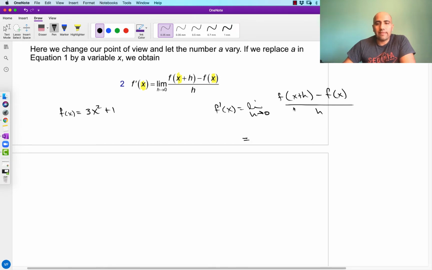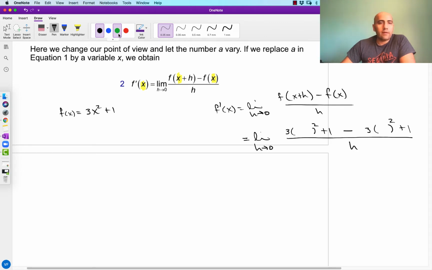And if we plug in that function, we get the limit as h goes to 0 of 3 blank squared plus 1 minus 3 blank squared plus 1 all over h. And we have to be careful that this minus applies to this entire function, so put in some extra parentheses. So it's the first function minus the back function. So the first one will be an x plus h, and this back one is just x.